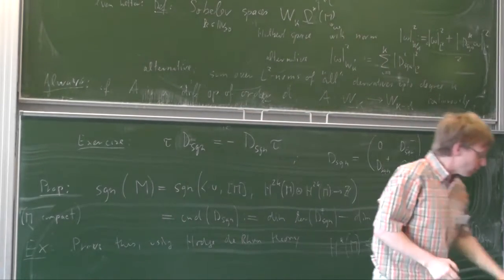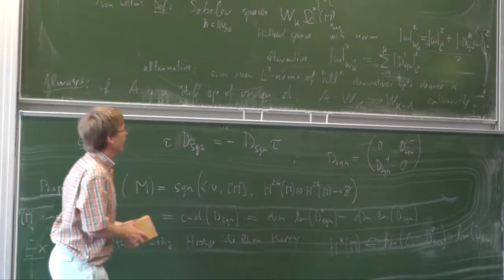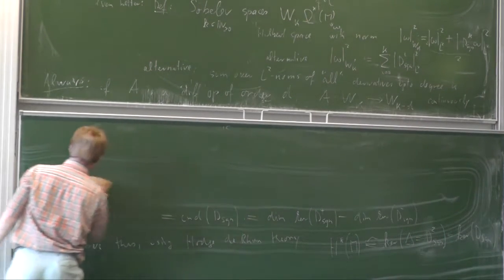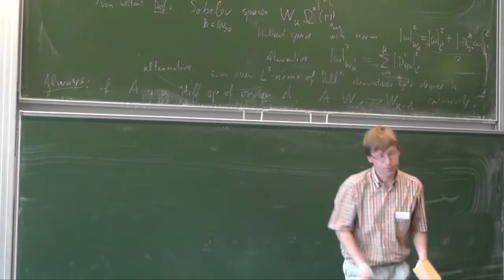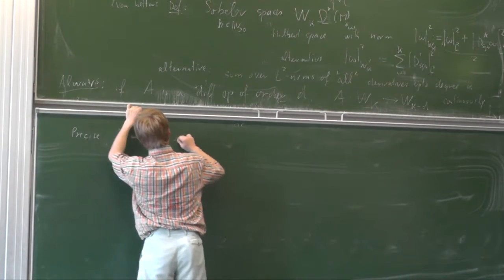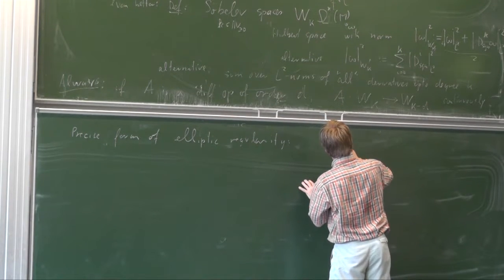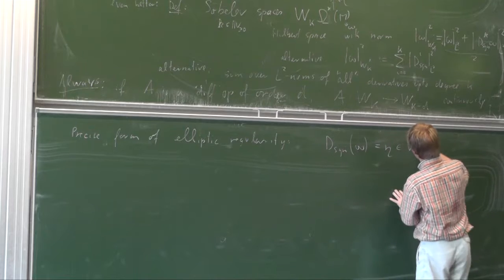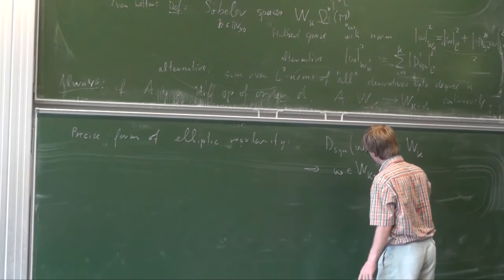And elliptic regularity implies a very strong statement. If you start with a form omega, we apply the signature operator, and we end up with something which is in the Sobolev sense k times differentiable, then automatically omega is in the Sobolev sense k plus 1 times differentiable.